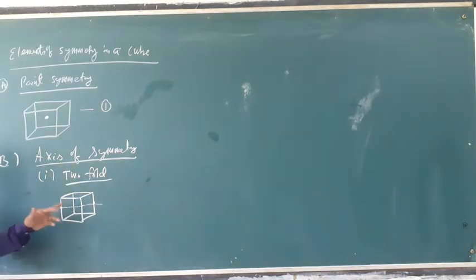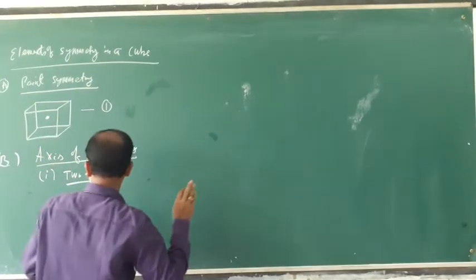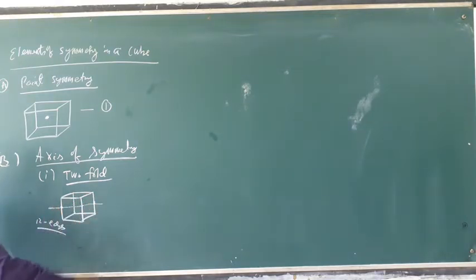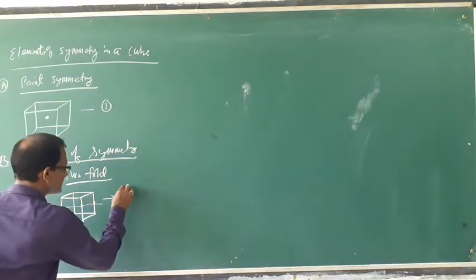How many axes can be drawn like this? Cube has total how many edges? 12 edges. And 2 edges will be common for one axis. So how many axes can be taken? 6.